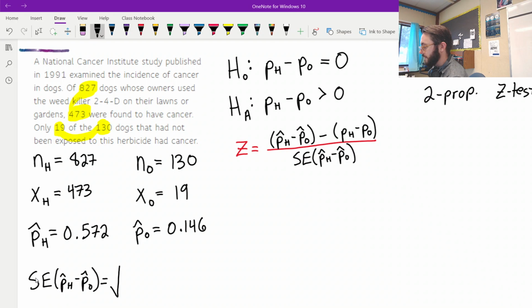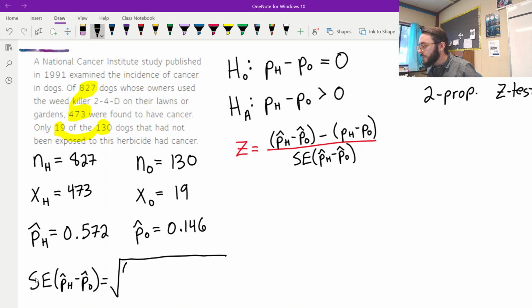Now, this time we can't really use the P and Q from the null hypothesis because we don't know what they are exactly, and we need concrete numbers. So we're going to use P hats for this. We calculate it the same way that we would for just one of them.